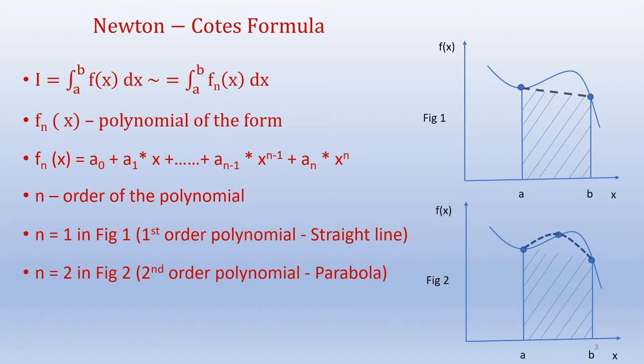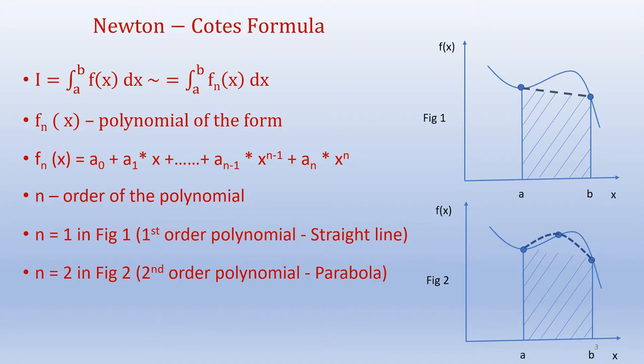Here n represents the order of the polynomial. If n equals 1, as shown in figure 1, we get a first order polynomial which is a straight line. If n equals 2, for example, as shown in figure 2, we get a second order polynomial which is a parabola.